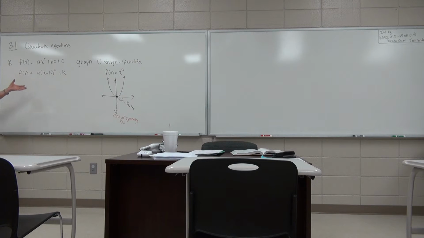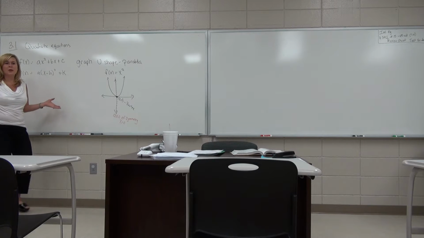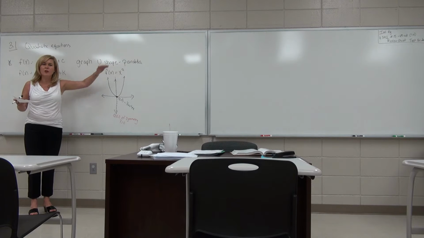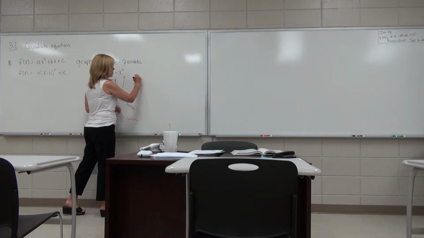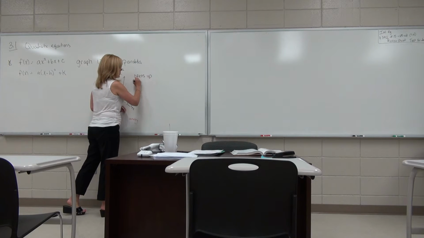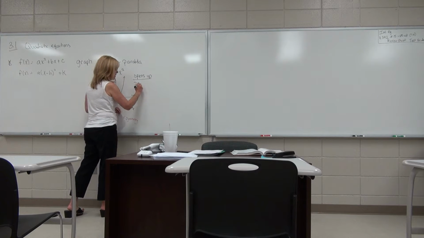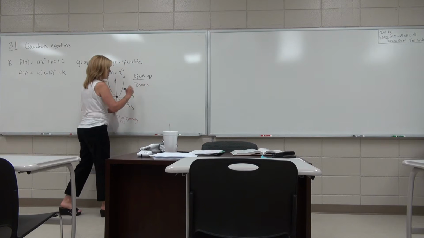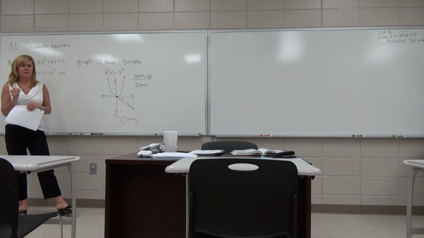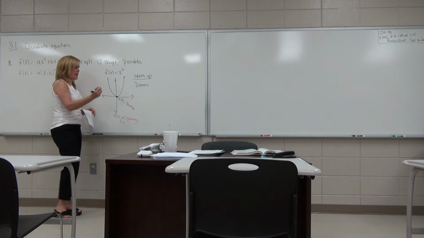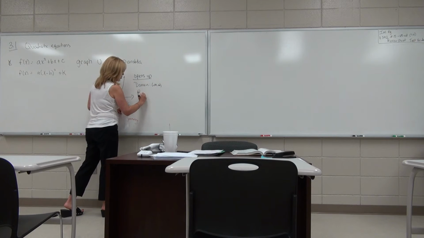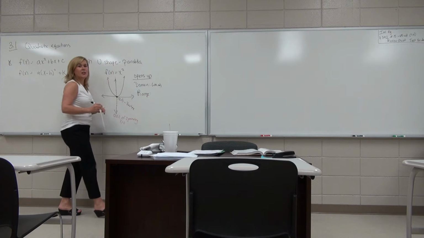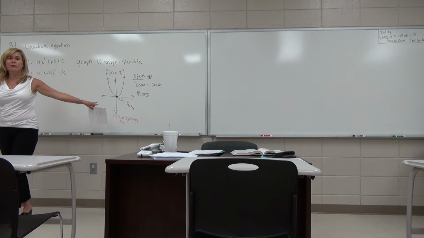And of course, how would you say this graph opened, up or down? Is our U going up, or is our U facing down? You would say that this opens up. And of course, what's the domain of any quadratic function? Right, all real numbers, negative infinity to positive infinity. And for this particular one, what's my range? Your range is going to change based on where your vertex is.